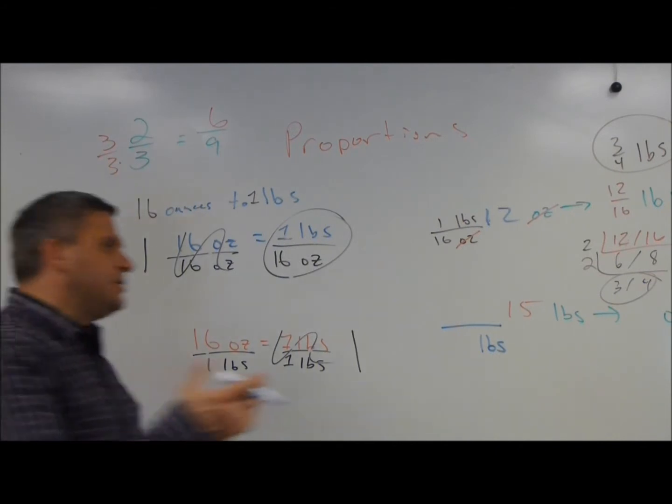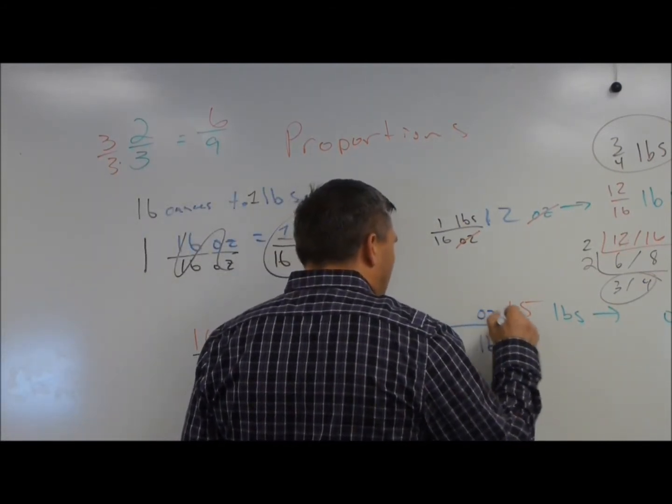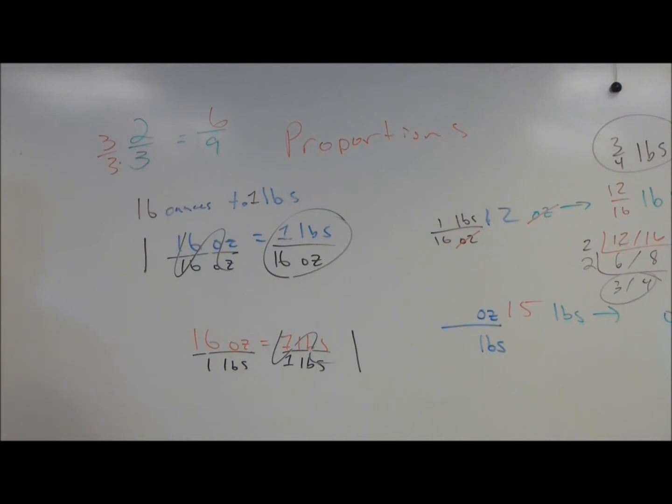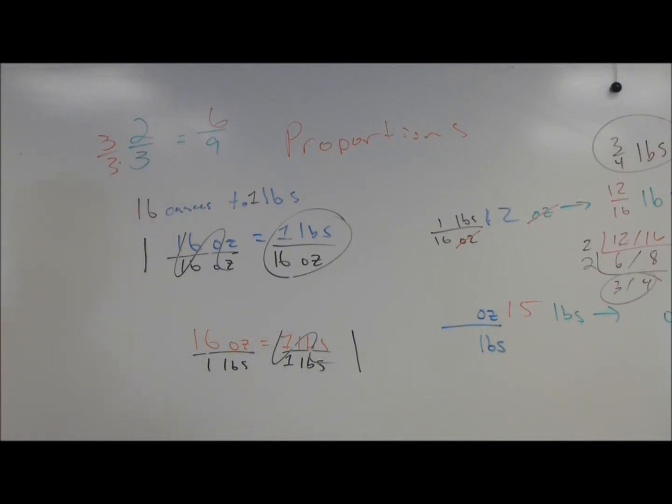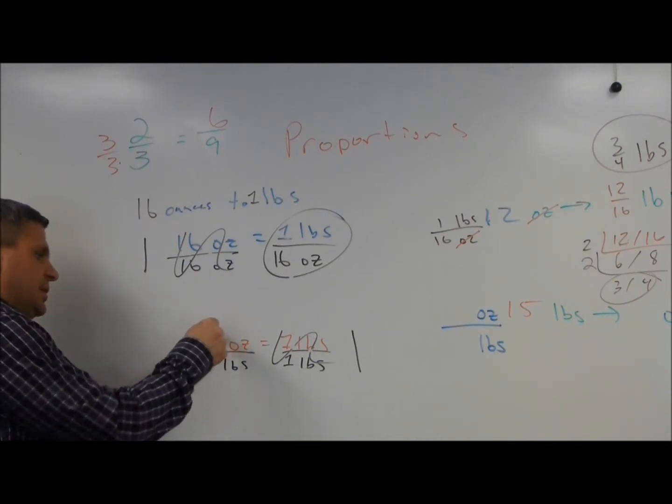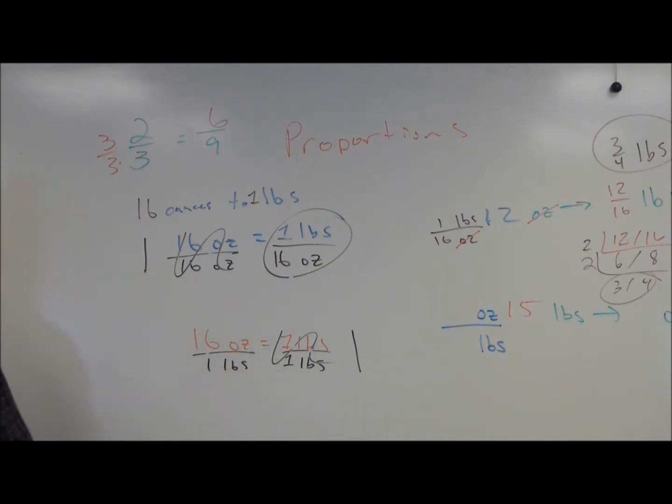And to change it to ounces, I have to have that on the top. Okay? So I need a formula that has ounces to pounds. How many ounces are in a pound?